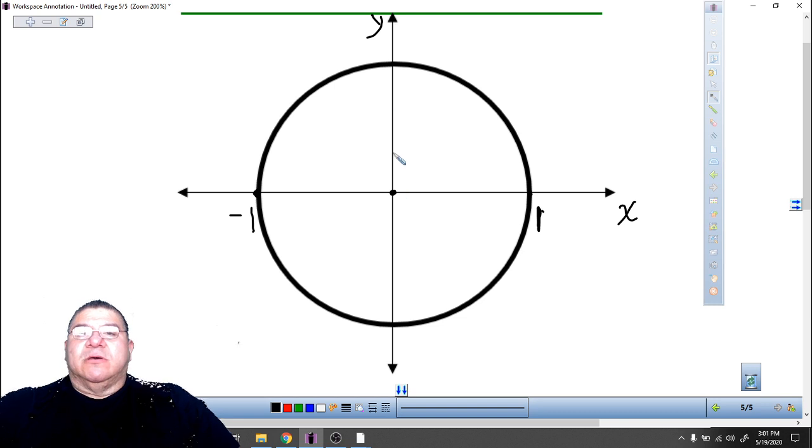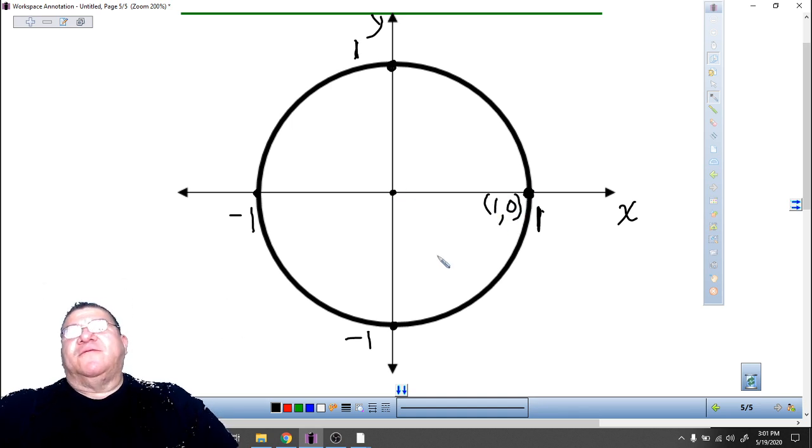Alright, so on the y, if this is positive, this is what of y? 1. And this is what of y down here? Negative 1. Okay. So question, what would be my coordinate for this point right here on the circle? That point is what? 1 of x and 0 of y. That is correct.